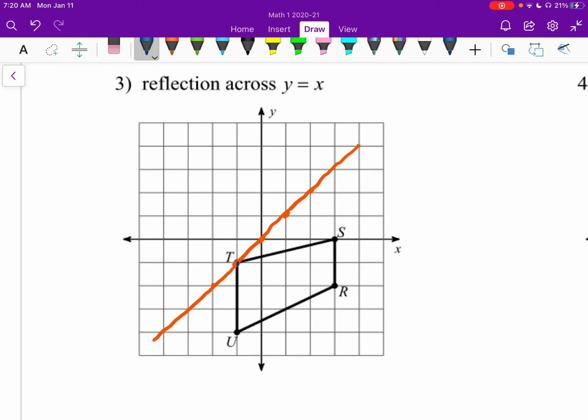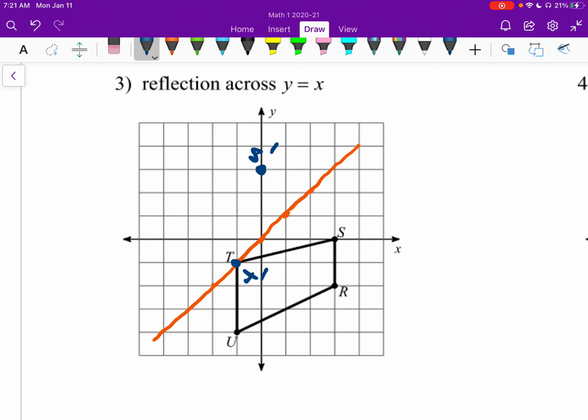So we start off and look at, well, T is on it, so that's going to be T prime, right? That one's the easiest. And then S, I'm going to have a line that goes straight towards that other line. So it's 1.5 units away, so I'm going to go 1.5. I guess it's not really units, it's like diagonal units. So that's how I got my S prime.